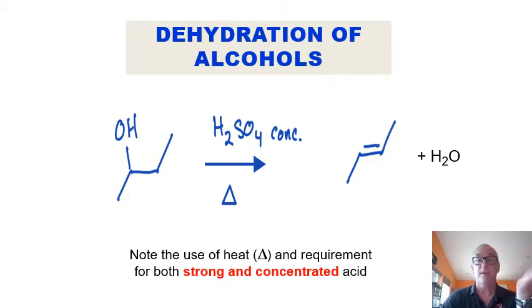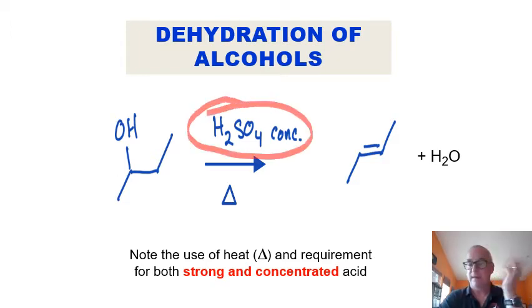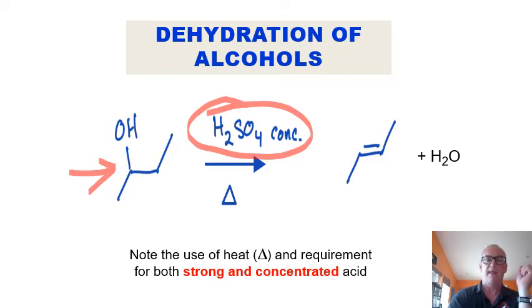So you can also dehydrate alcohols, just like the Markovnikov reaction where we actually add water to a double bond. We can make that reaction go in reverse by adding very strong acid and heat. And in those circumstances, we take an alcohol, and the strong acid actually pulls off the hydroxyl group and forms that double bond again.